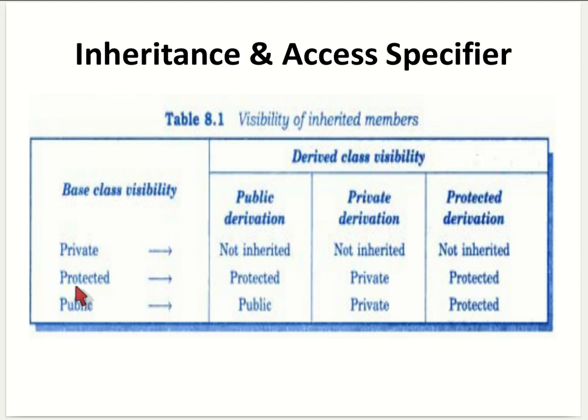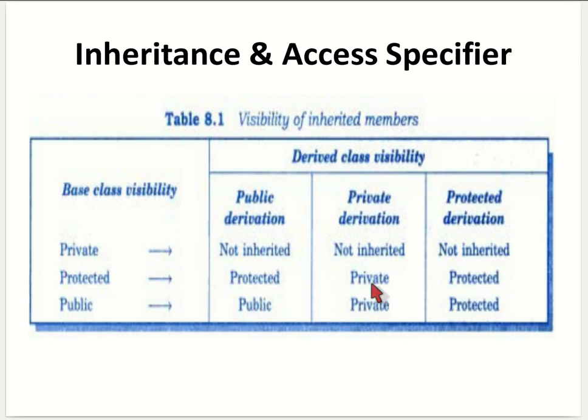The next thing is protected. In the base class we have mentioned the access specifier as protected, and it is inherited. If it is a public derivation, the protected will become protected.